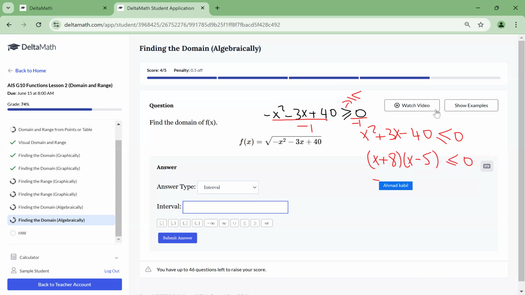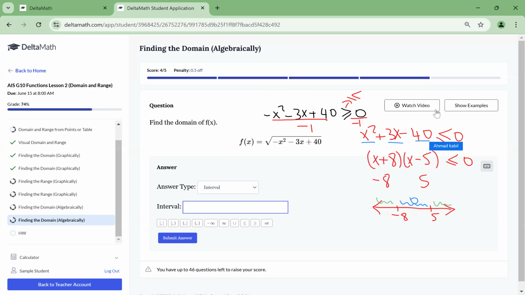So we have -8 and +5. We put them on the number line. So -8, +5. We test a number either from the blue region or the green region. I'm going to use the blue region because it has the 0. I'm going to plug the 0 in here.